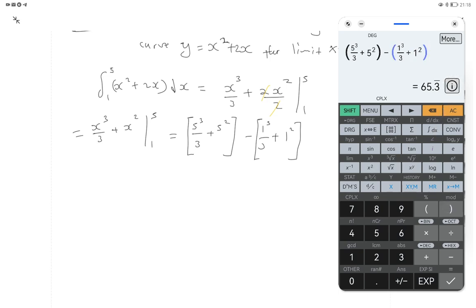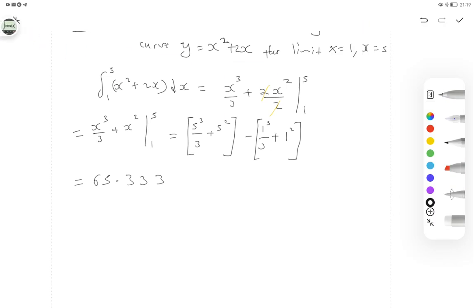You're going to see that the answer is 65.3 if you're using the calculator. At the end, you're going to have 65.333. This is the area that we are looking for in that example, so this is our answer. We can minimize the calculator and underline the answer. I forgot to put the unit, square units. So that's it on this example.